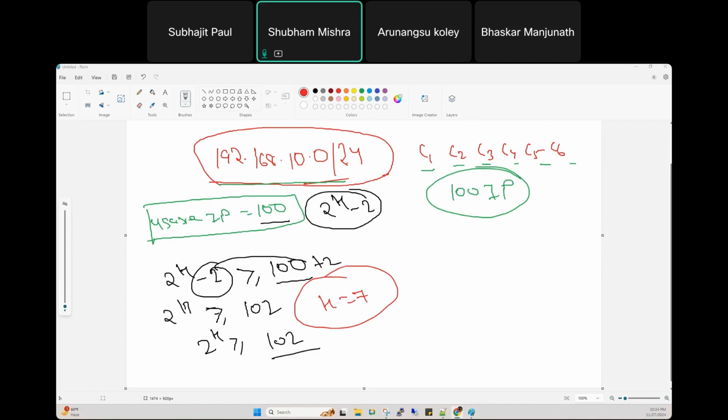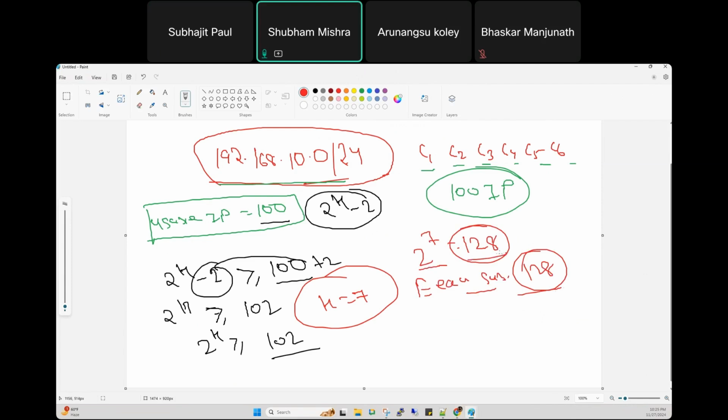Are you getting my point? h is equal to 7. So put here 2 to the power 7. How much is the value? 128. It means each subnet will have at least how many IP addresses? 128. Please listen very carefully. What I calculated, 2 to the power 7, is equal to 128.